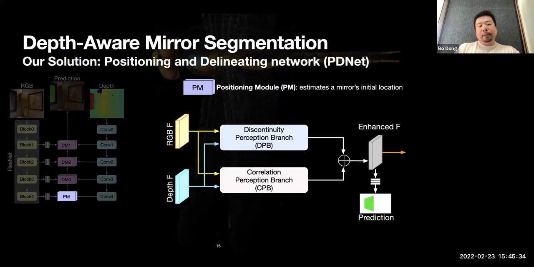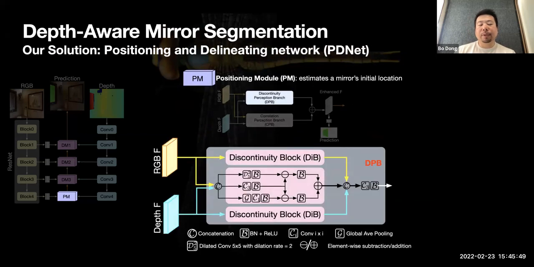So the network contains two major components. The first one is a positioning module, which leverages both discontinuity perception and correlation perception, as I just discussed. For the discontinuity part, we actually apply the same architecture to the RGB domain, the depth domain, and the combined RGB and depth domain.